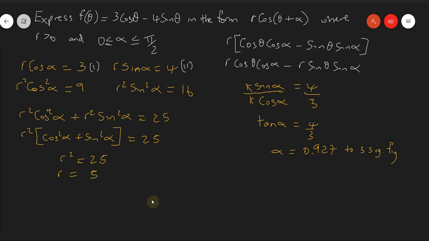Therefore f of theta is equal to 5 cos(theta plus 0.927). Okay, and that's just part 1.